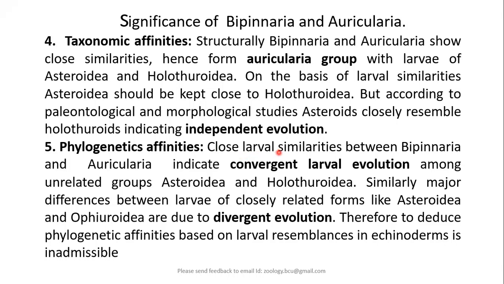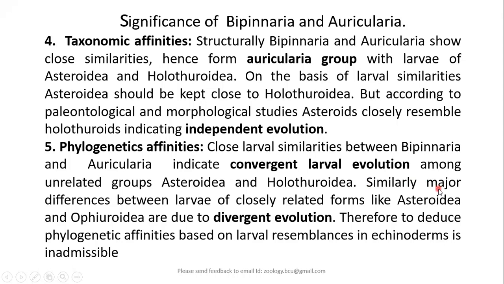You can see there is close larval similarity between the Bipinnaria larva and Auricularia larva, which is due to convergent larval evolution among the unrelated adult groups of animals of class Asteroidea and Holothuroidea.